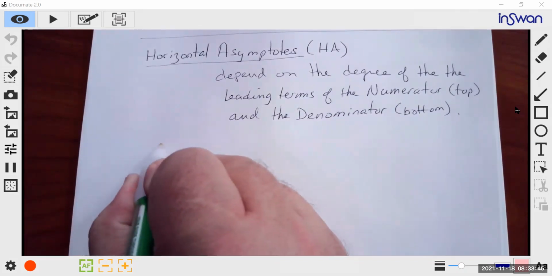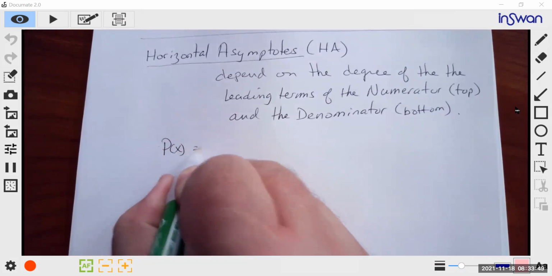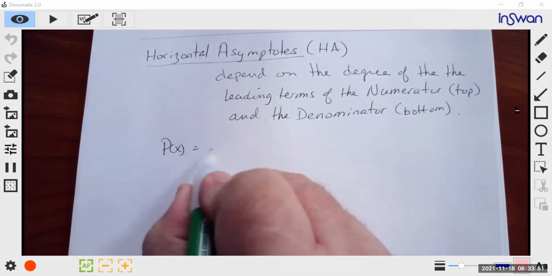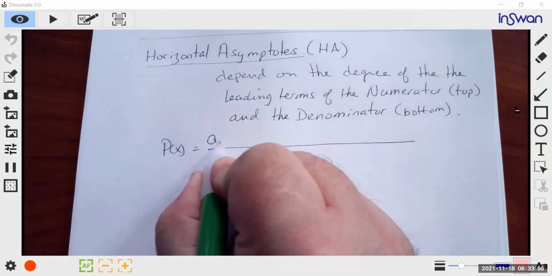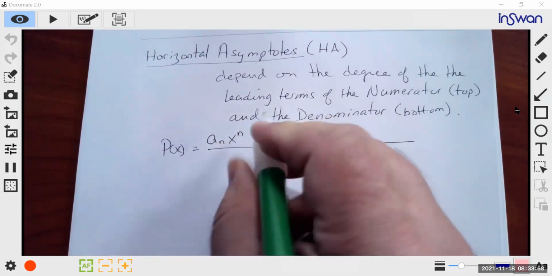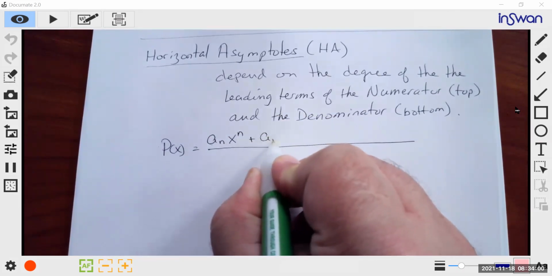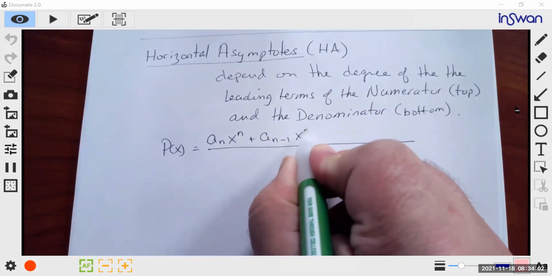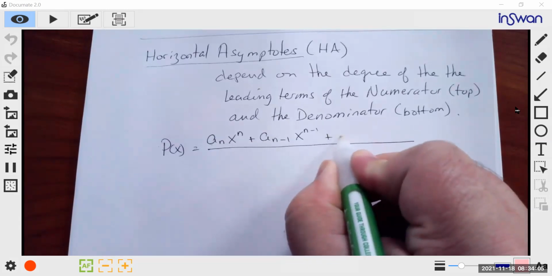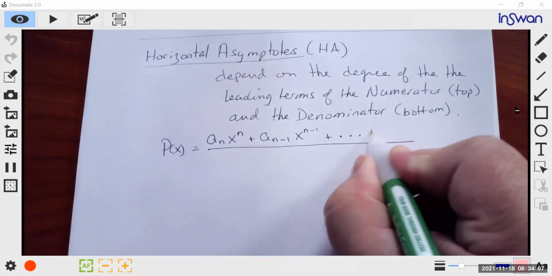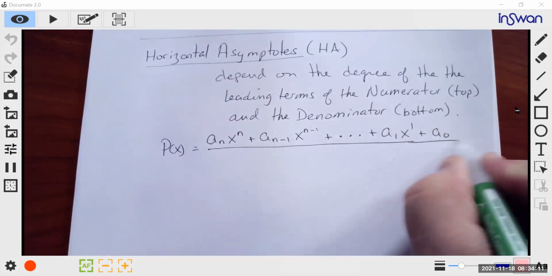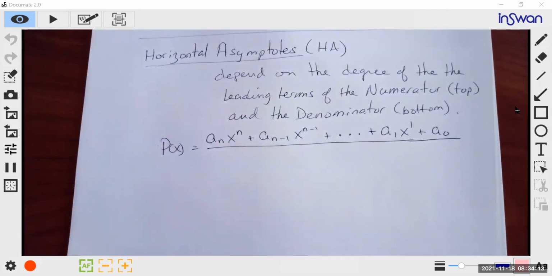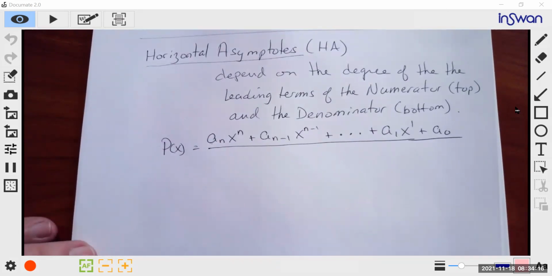So let's say we had our polynomial, a rational polynomial. The top would look something like this. Yeah, and that's how we defined a polynomial when we first talked about it.